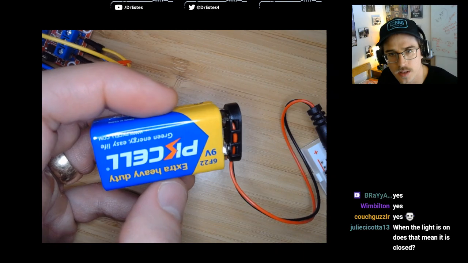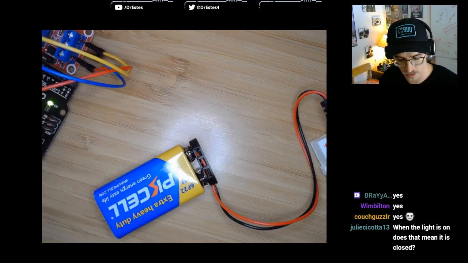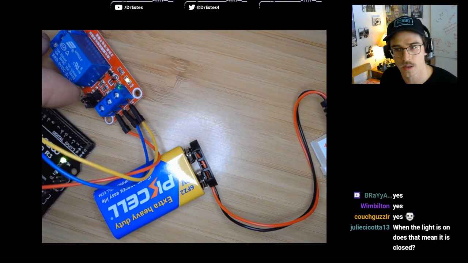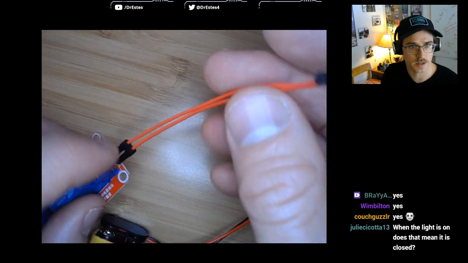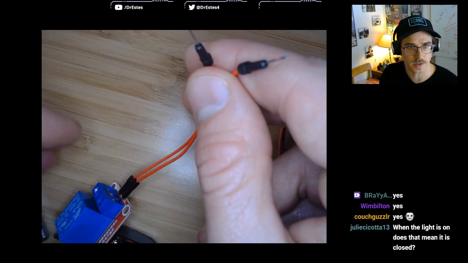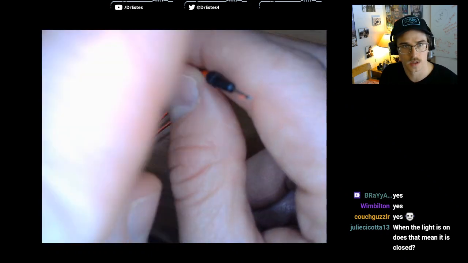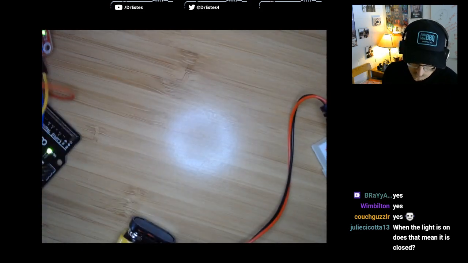When the light is on, does that mean that it's closed? Yes. So when you see a light on the relay, it means that the contact is closed, power is flowing, potentially. Well, right now, the power comes in on the other side of the relay, and I don't even have it connected. So all that's happening is the electromagnet is closing, and it would allow power to flow.